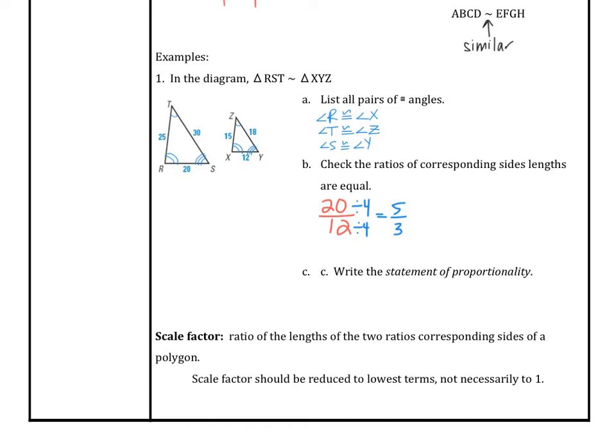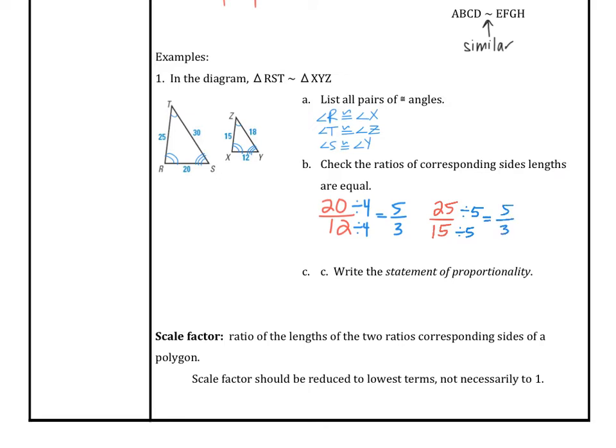So let's now do TR and ZX. TR is 25. ZX is 15. I know that both of those numbers can divide by 5. So I'm going to do that. And when I do that, oh my goodness, we get the same thing, 5/3.